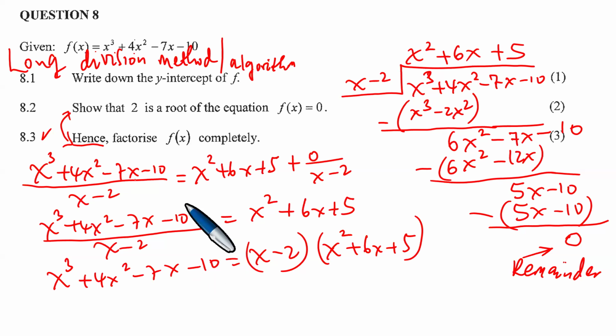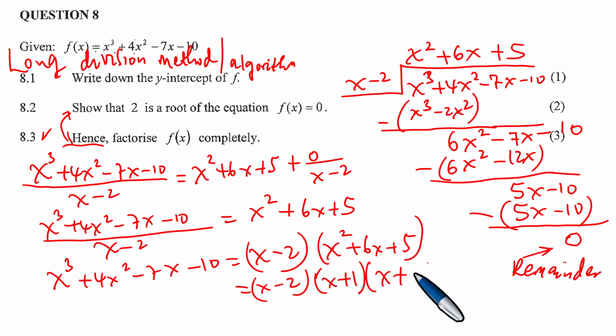You need to factorize this completely. When we're using long division, the division algorithm, I know that you can do well. So what are the factors of x squared plus 6x plus 5? The factors are clearly x plus 1 and x plus 5.